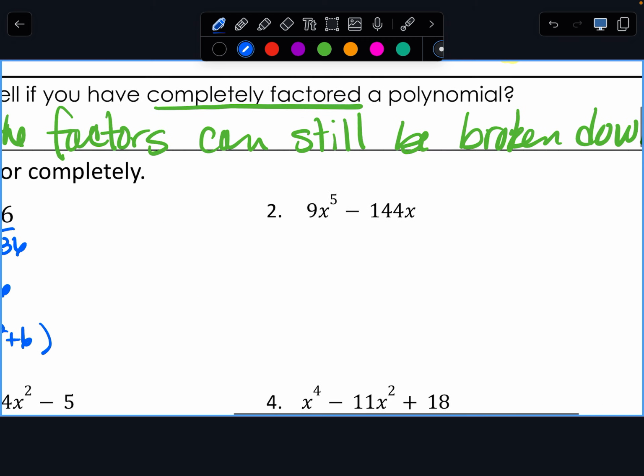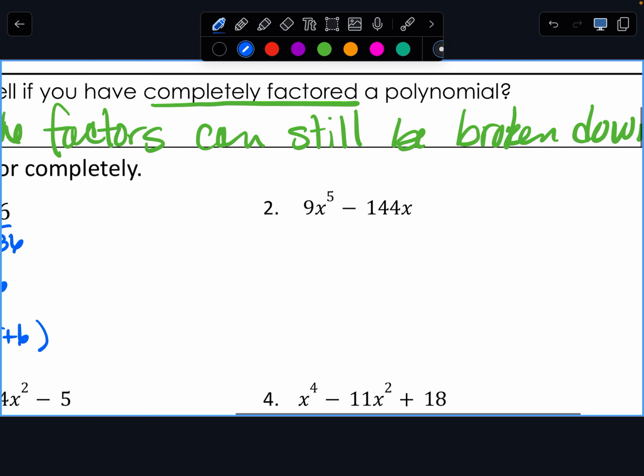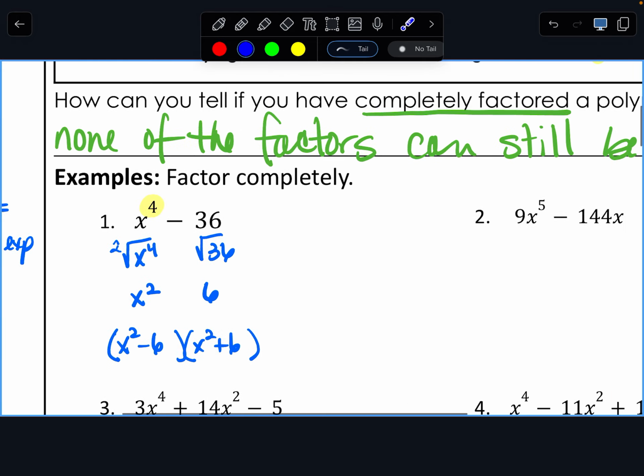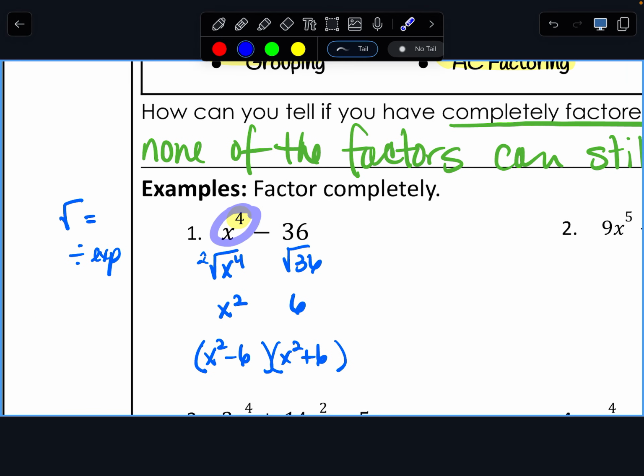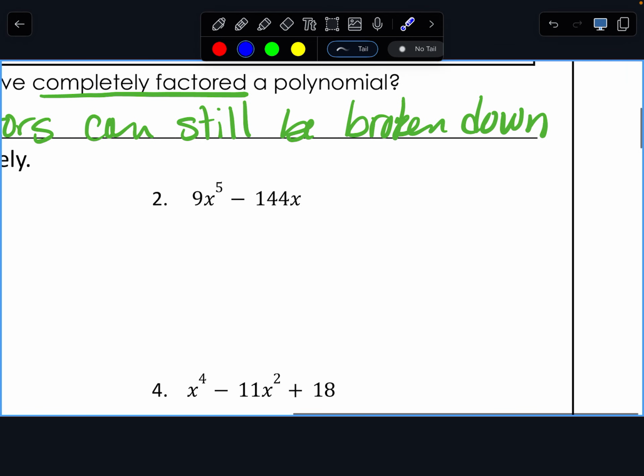All right, so let's look at this one. When we do square roots, obviously it's best to have an even power because I'm going to divide those. I'm going to divide by 2. So that's not an even power, but there is an x in both things.